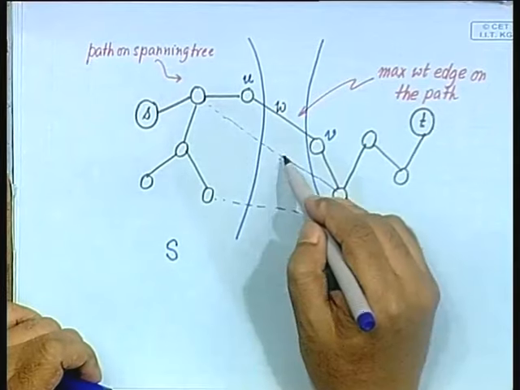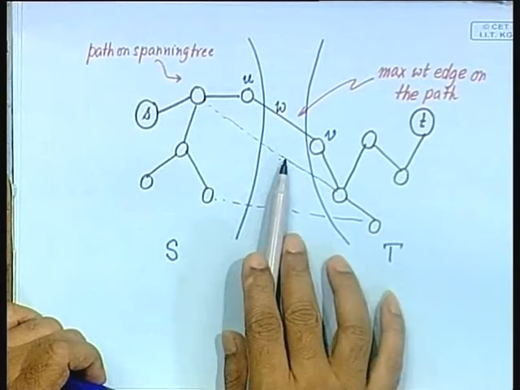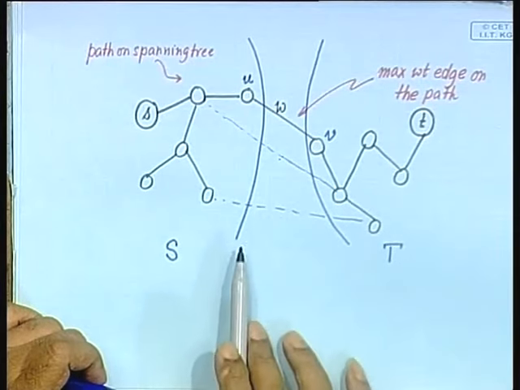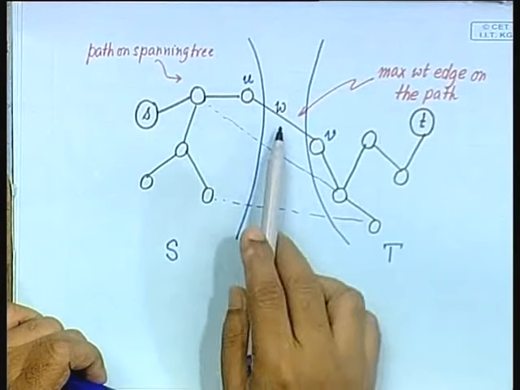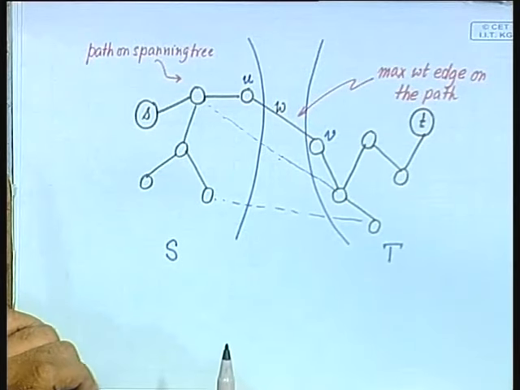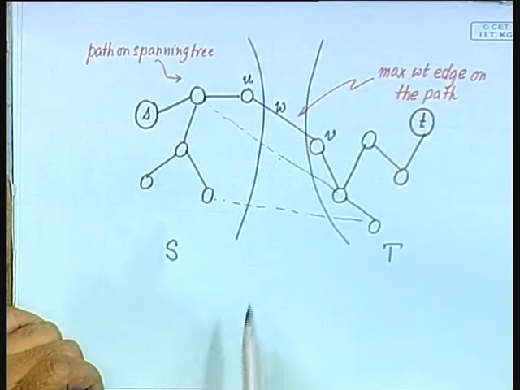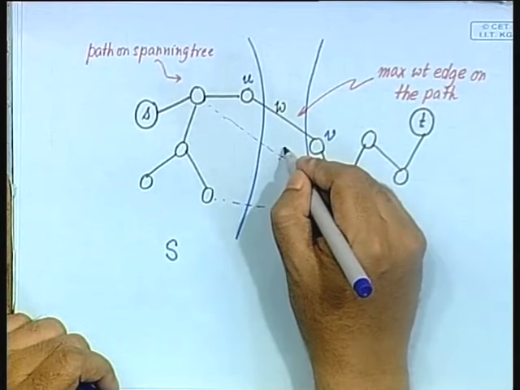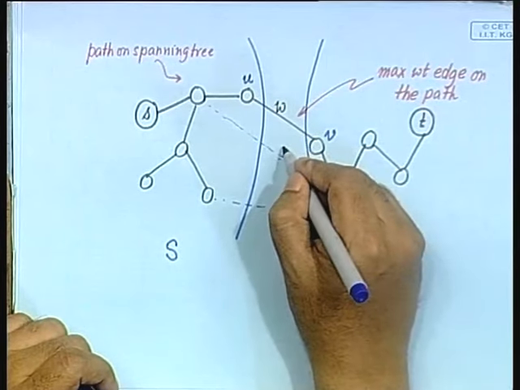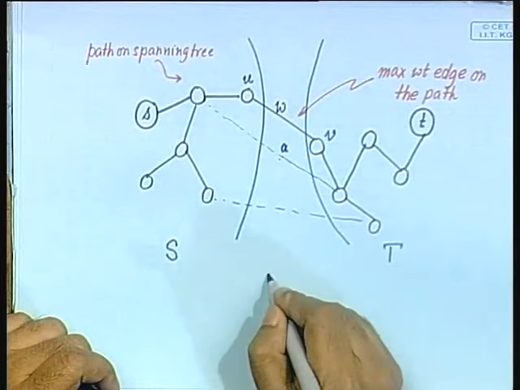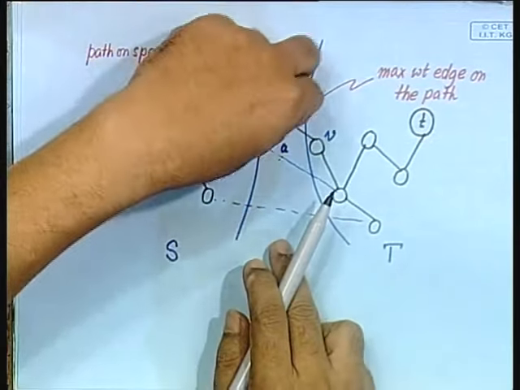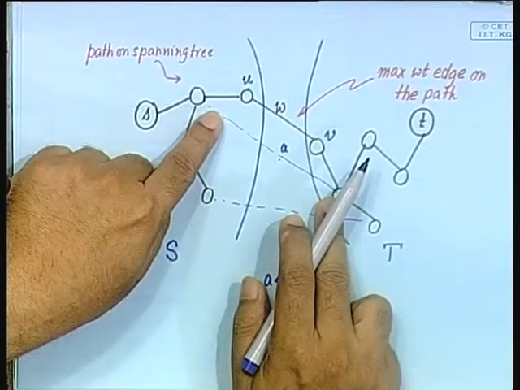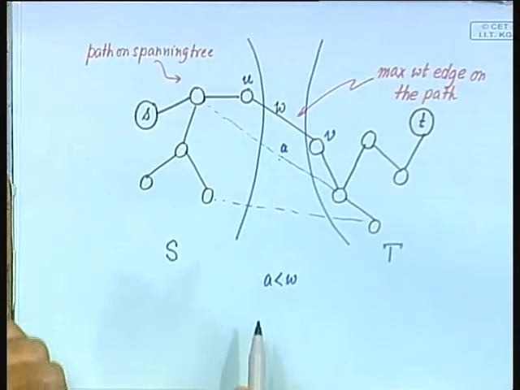Yeah, all of these, what we have shown is that all edges that go from a vertex in S to a vertex in T will have weight at least W. Why? Because suppose there is an edge which has a cost of say A, and let us say A is less than W, then what you can do is you take out W from the tree and put in A, and then you will get a spanning tree of lesser cost.